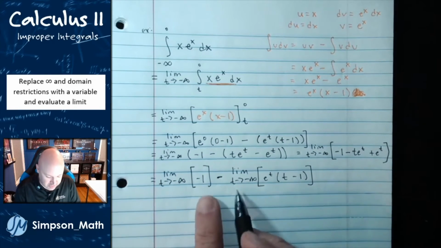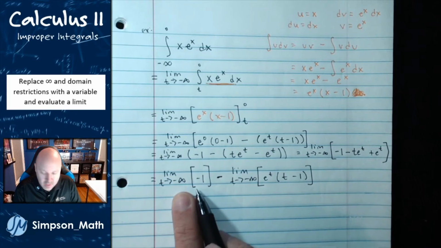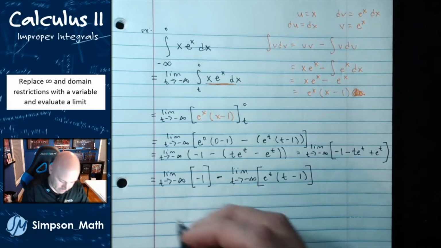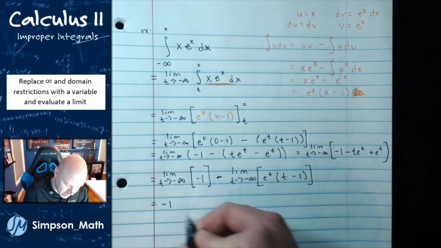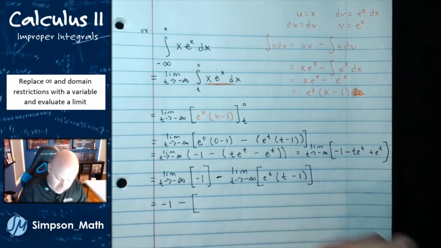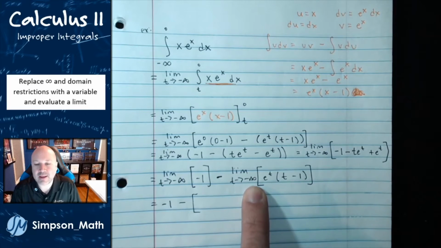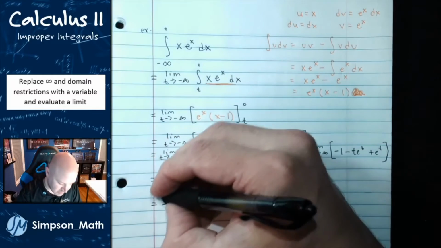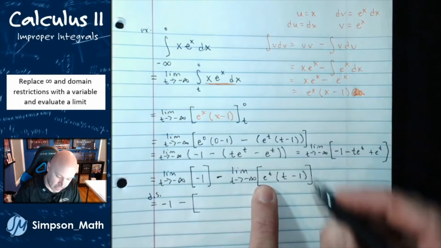Okay, I'm ready to do this limit, I think. The limit of a number is going to be that number, no matter how hard you try. Here, I'm plugging in a negative infinity in place of that t, so I am direct substituting.